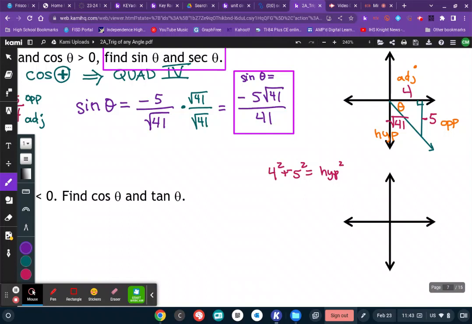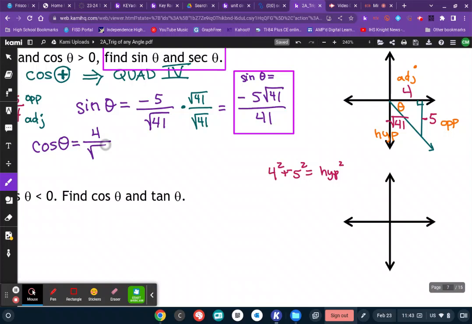And then they want us to find secant. So I have to know who secant is married to. Secant is married to cosine. Good. So first I've got to get cosine. Cosine is adjacent over hypotenuse. Now in this case, I would not go to the trouble of rationalizing that because I'm going to flip it over anyway to get the secant.